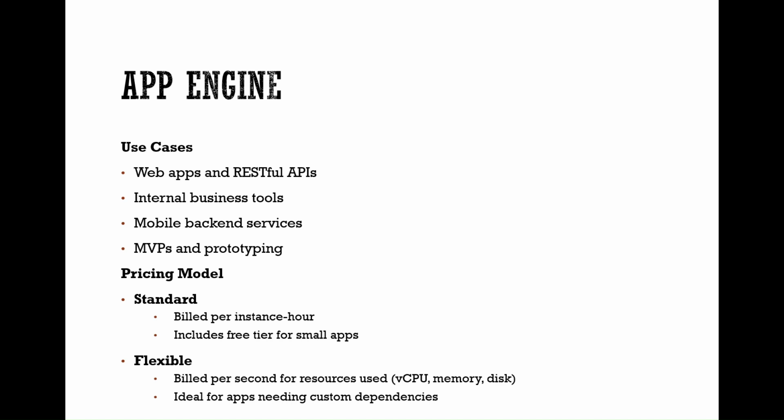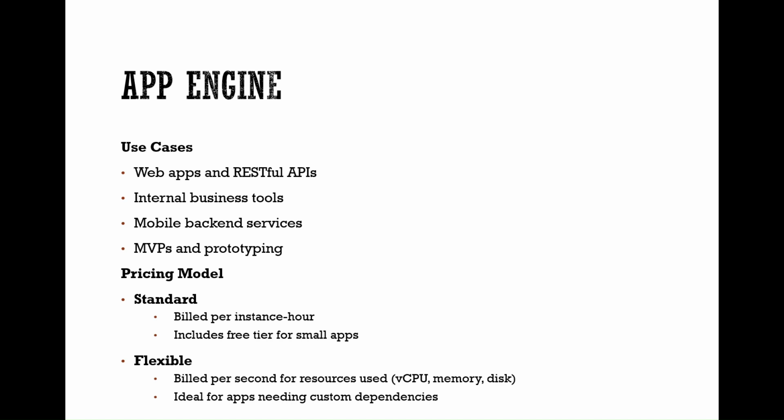MVPs and prototyping can also be done using App Engine. Those are some use cases we can implement using App Engine. As for pricing models, as I already mentioned, standard takes less cost, but flexible is a little expensive, and we have already discussed the reasons.